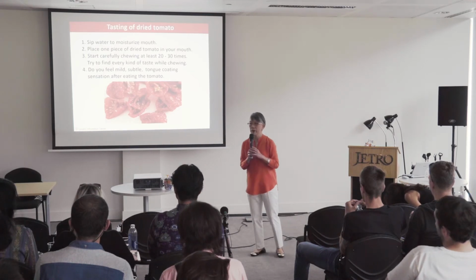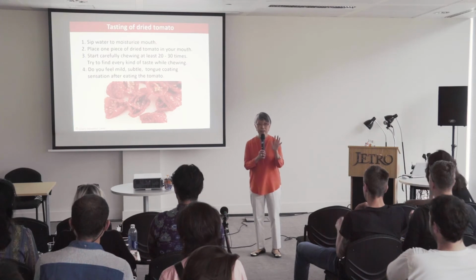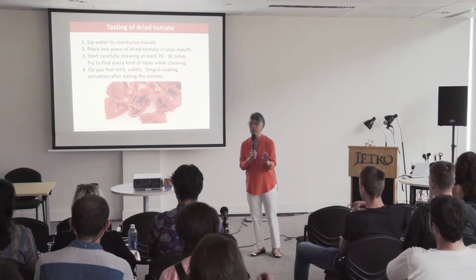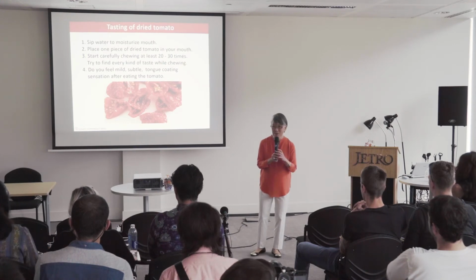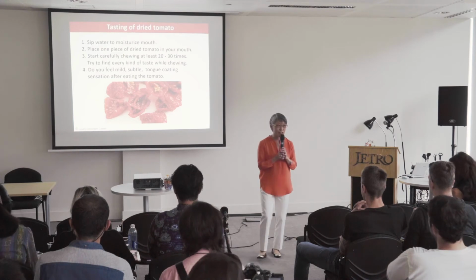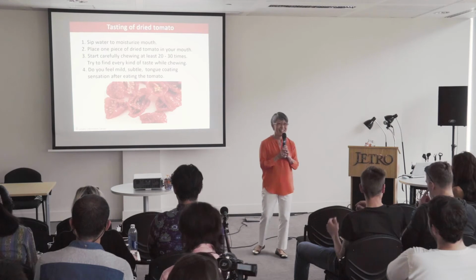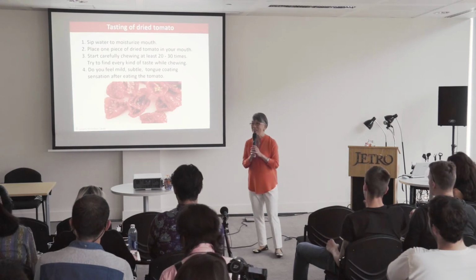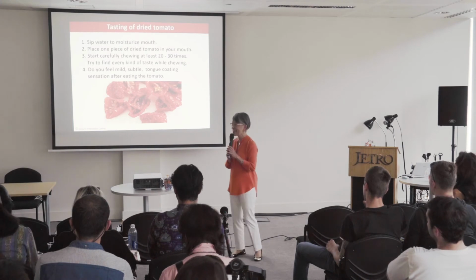All of you have 5 different kinds of sensors to detect 5 basic tastes: sweet, sour, salty, bitter, and umami. Maybe this is the first time you have eaten a small dried tomato by chewing 20 or 30 times. But this is a very important experience to identify umami taste.